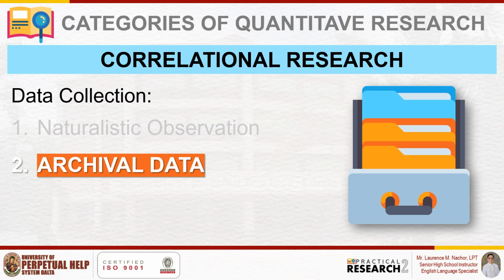It is especially useful when direct observation isn't possible or when long-term trends need to be examined. Both methods are non-intrusive and do not involve manipulating any variables, which makes them ideal for correlational studies. They provide rich, real-world data that help researchers identify meaningful patterns.